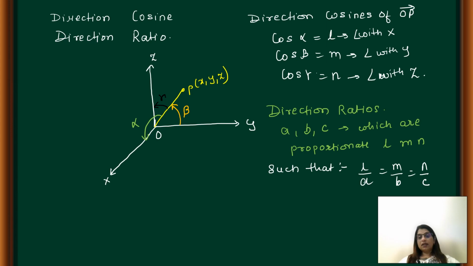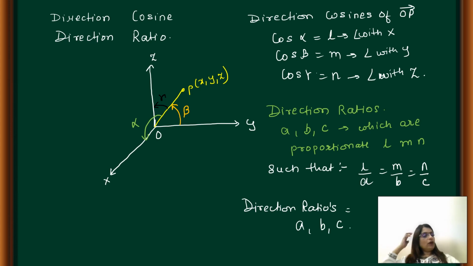So direction ratios are A, B, and C. Let's write it down a little properly. Direction ratios are A, B, and C. Okay.